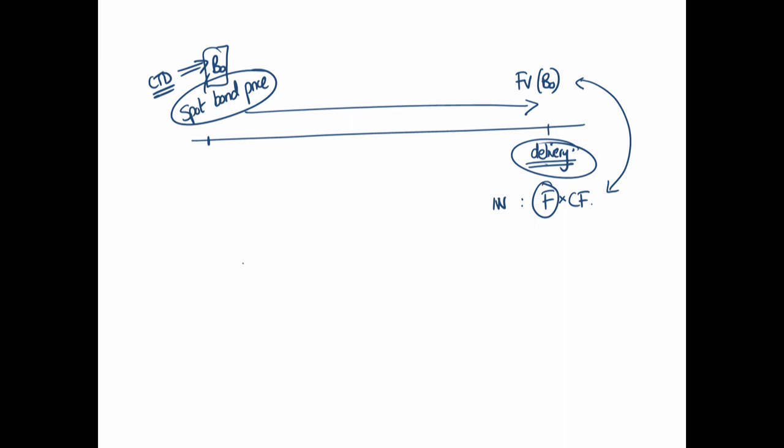So the fair quoted futures price today, F times the conversion factor, must be equal to the future value of the cheapest to deliver bond. Don't forget that is the cheapest to deliver bond. All right, so let's just call that the CTD there.